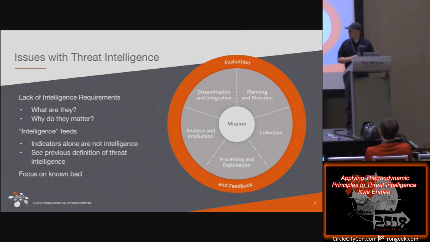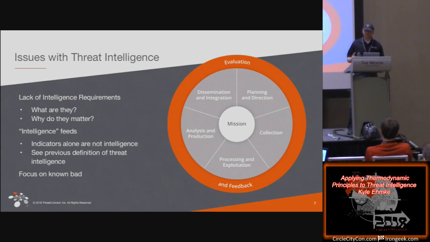And finally, the last issue that I'd like to call out is a general focus on known bad activity or indicators. Don't get me wrong, this is a completely necessary effort, but it fails to recognize that if we are employing threat intelligence to its fullest extent, we can proactively identify indicators that might be used in malicious activity in the future, but aren't yet known to actually be malicious.